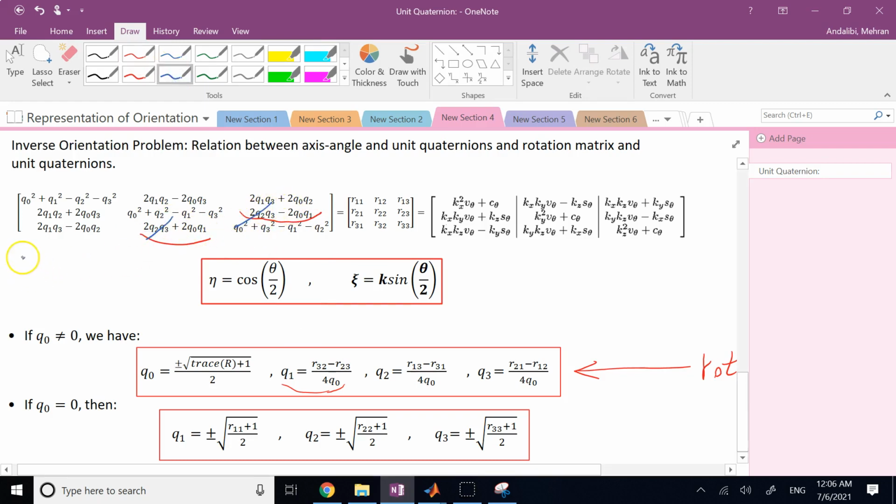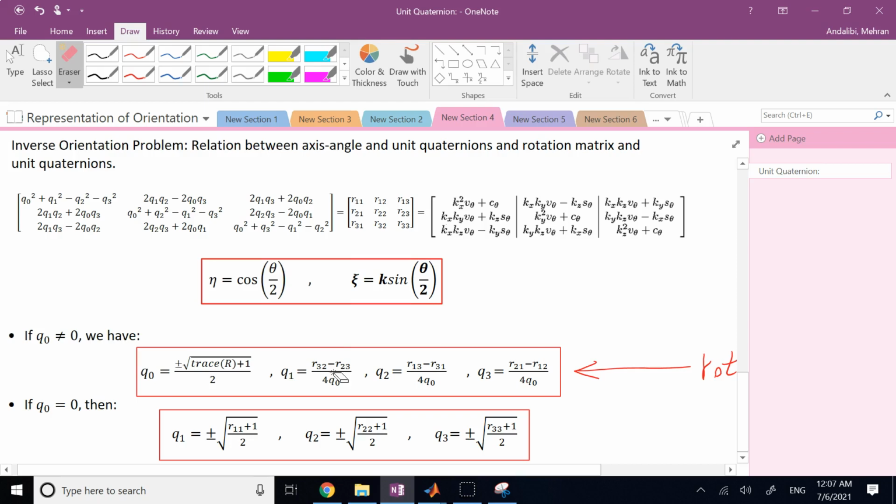And if you subtract, you will get 4Q0 Q1. This is equal to R32 minus R23. Right? So all you need is to divide both sides by a 4Q0 to get Q1. And similarly, by subtracting other off diagonals, you will get Q2 and Q3. So you see, the formulas are very easy to show. Good? So the top row formulas are not so hard to show.